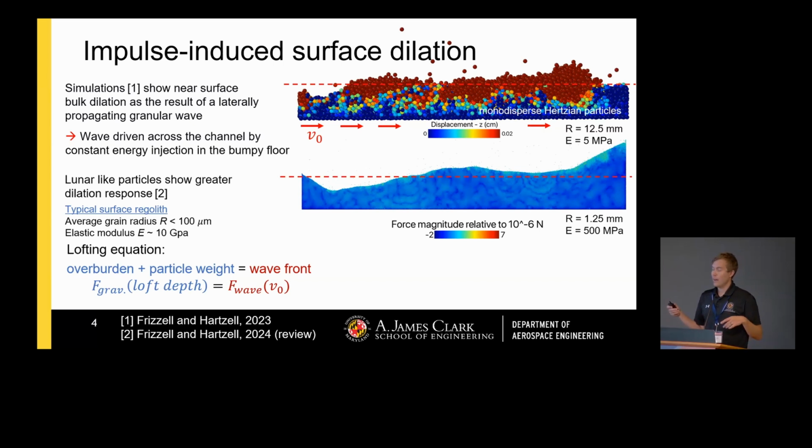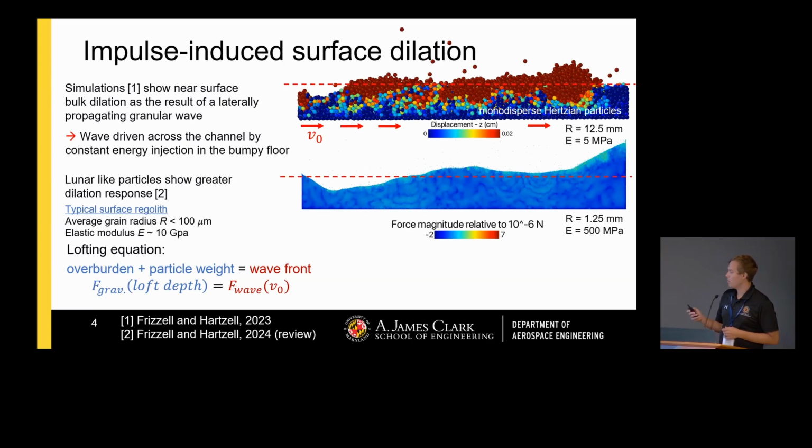And then if we equate that force in the wavefront with the gravitational overburden on the grains, we can solve for the loft depth. The cold spot loft depth, I forgot to mention that term, is about 40 centimeters, right? So the area where the surface grains are being fluffed up.